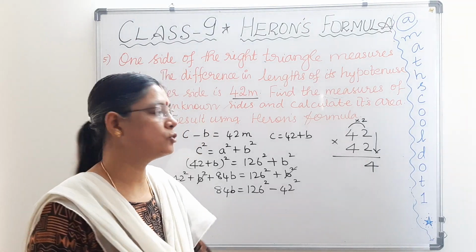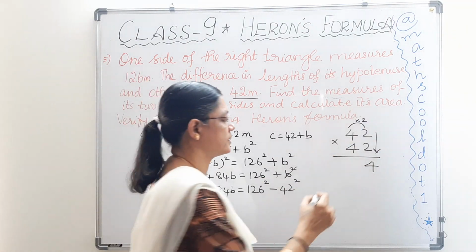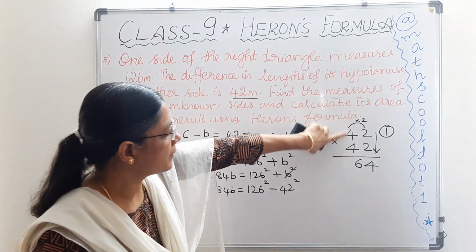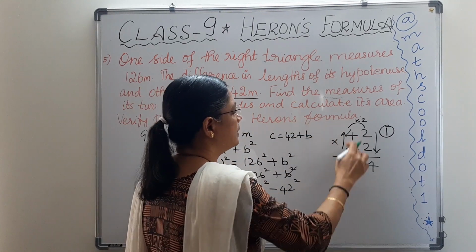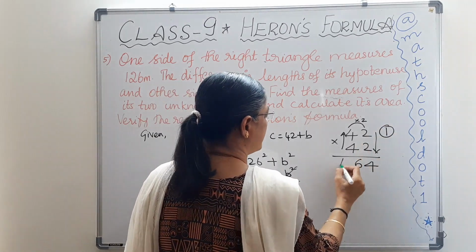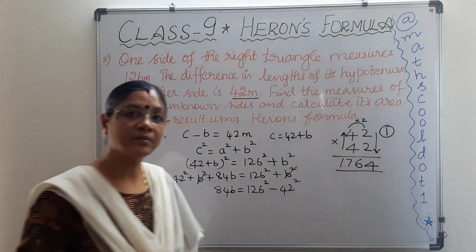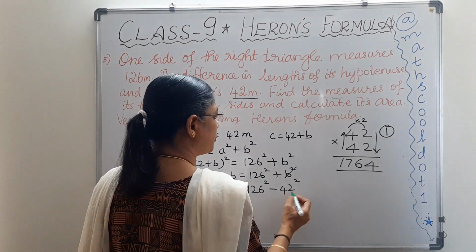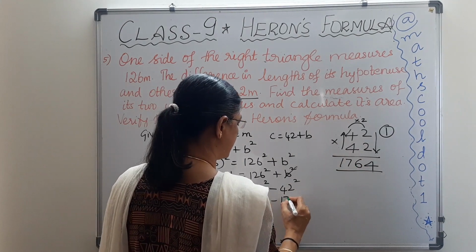Multiply the product with 2. So 4 2s are 8, 8 2s are 16. Carry 1. 1 is carry over. Now you multiply these two. 4 4s are 16. 16 plus 1 is 17. So 1764. See, in one step I have got the product of square numbers. So 42 squared is 1764.